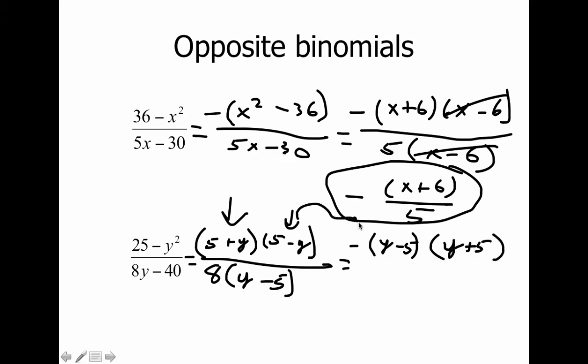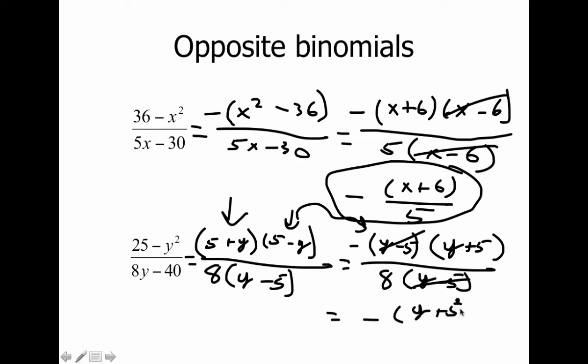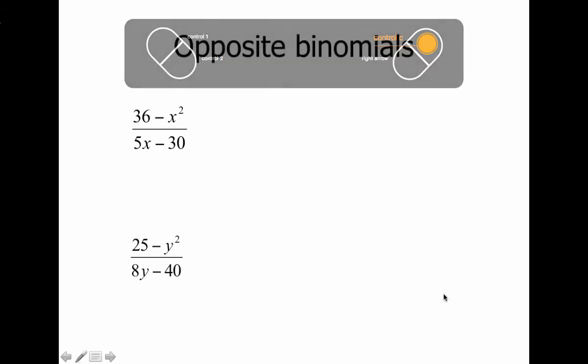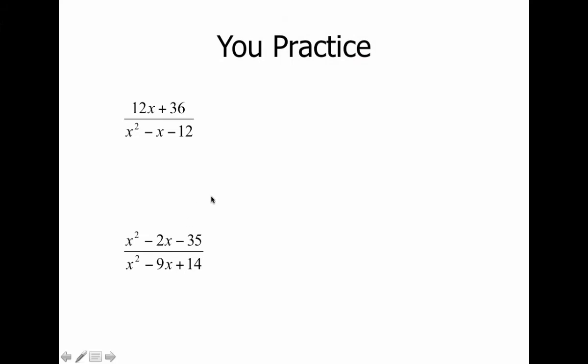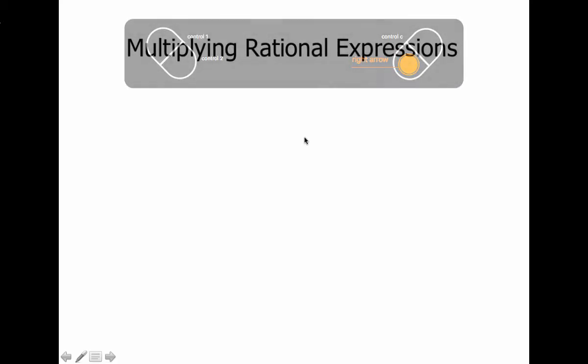So I switched it around by factoring out a negative. Now these cancel out. Negative y plus 5 over 8. Same thing here, factor the top, factor the bottom, cancel out what you have in common. You can do those ones on your own.